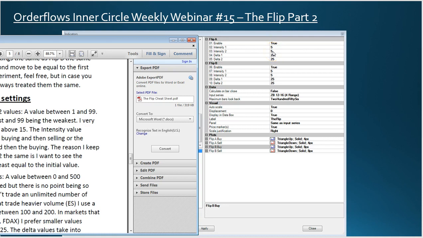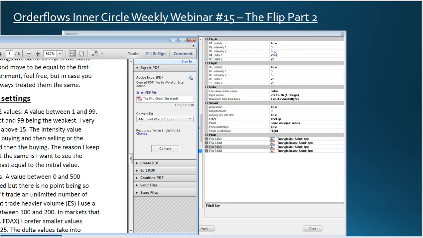Now, that said, someone asked me, if I'm looking for the market to go up and then the selling to come in and be stronger, shouldn't it be a higher number? Well, yeah, it can.